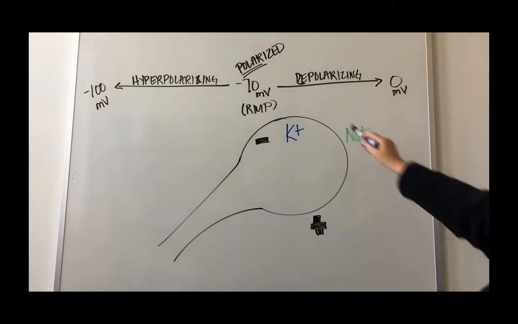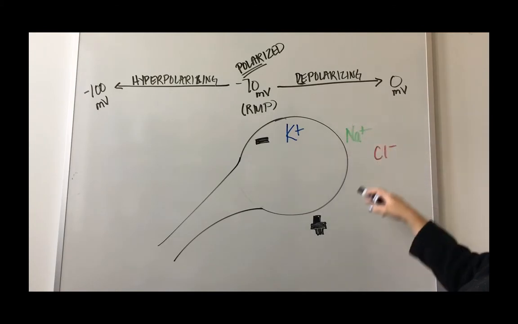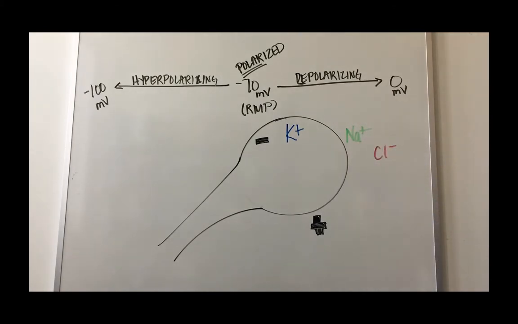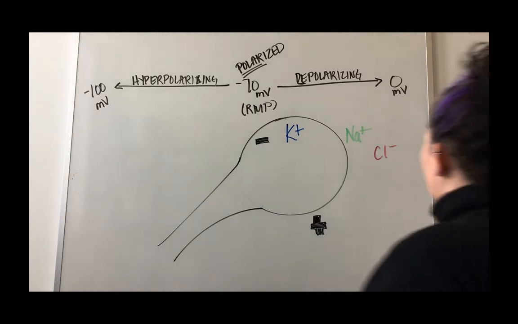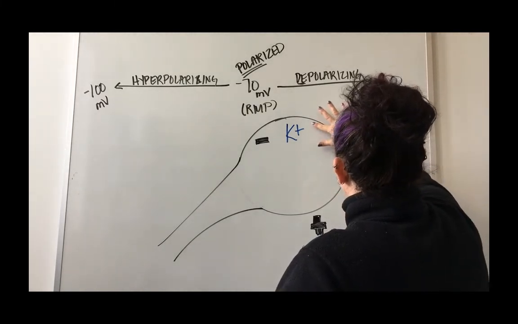Now, over here, I haven't drawn them in, but here's where our dendrites would be. And we know that our dendrites are our input zone. It's where we're going to have local potentials that use ligand-gated channels. So let's go ahead and put some ligand-gated channels in here.